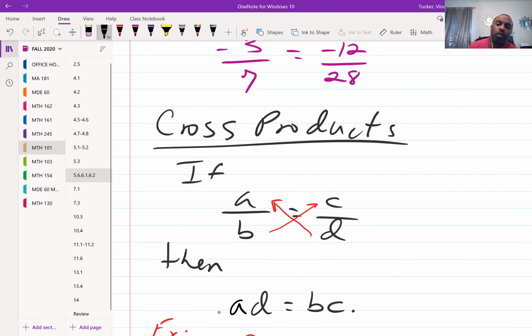All right. So you always take your denominators up to the opposite numerator. So that's A times D equal to B times C.